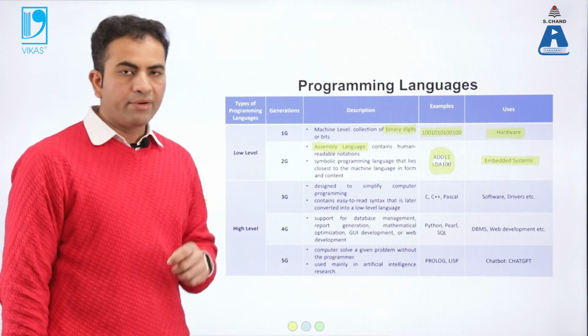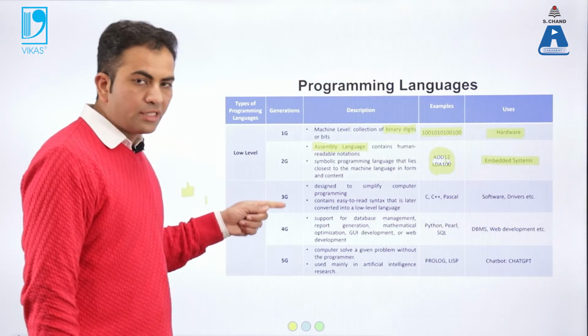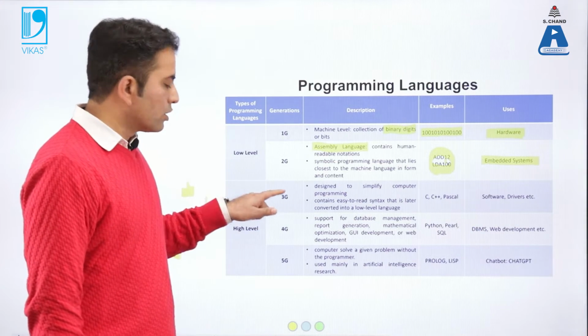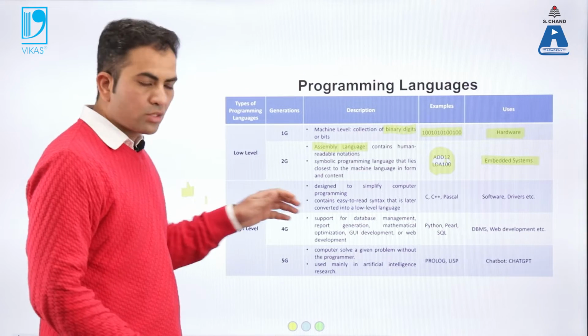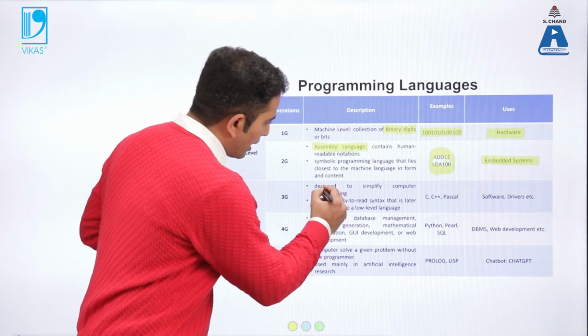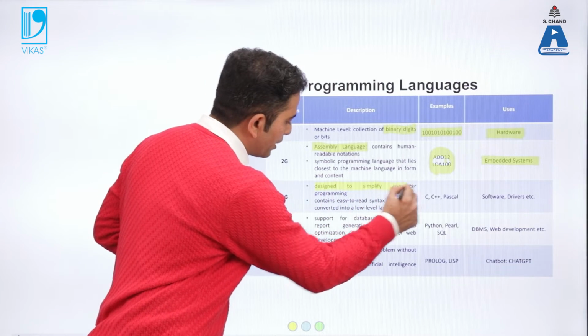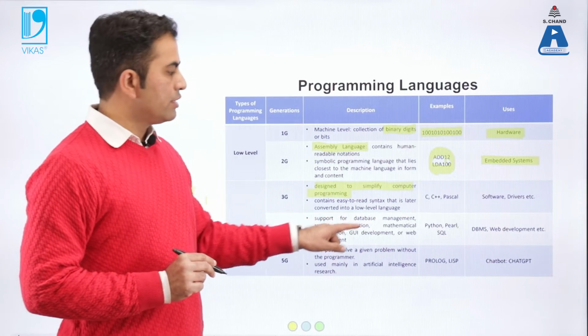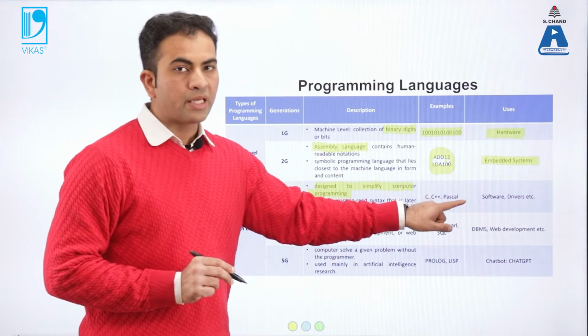Now, high level language consists of third generation, fourth generation and fifth generation languages. Third generation, this is the middle level language. This is designed for simplified computer programming. Examples of this type of programming language are C, C++, Pascal.